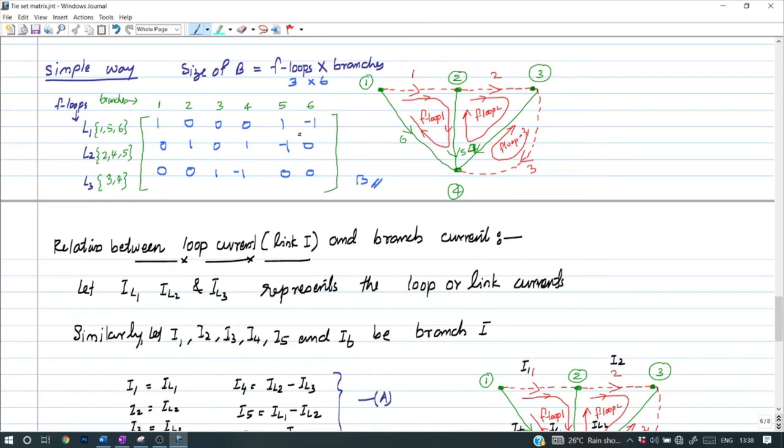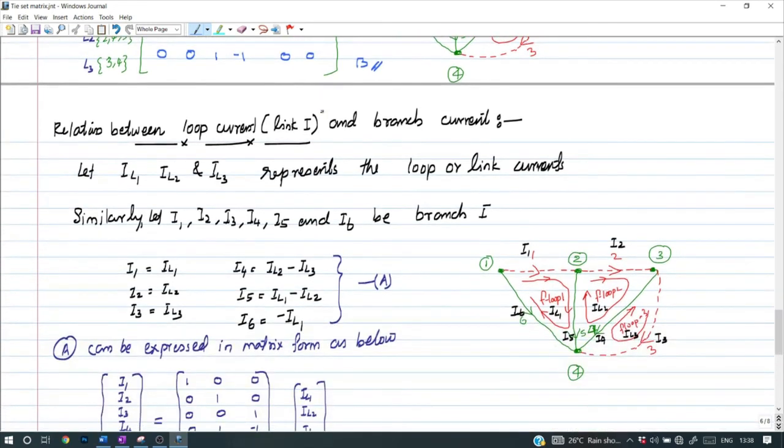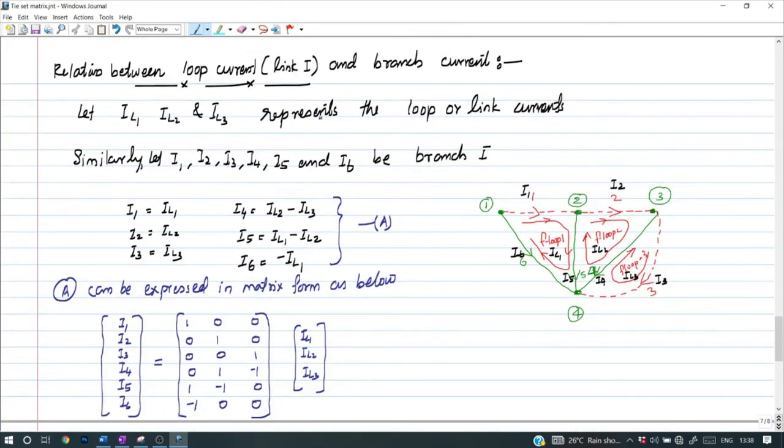Next, let's see the relationship between loop current, that is link current, and branch current. Let's consider the earlier graph itself. These are the fundamental loops, and let IL1, IL2 and IL3 be the loop currents. IL1 represents fundamental loop current 1, IL2 represents fundamental loop current 2, and IL3 represents fundamental loop current 3. The branch currents are represented by I1, I2, I3, I4, I5 and I6 for branches 1 to 6.